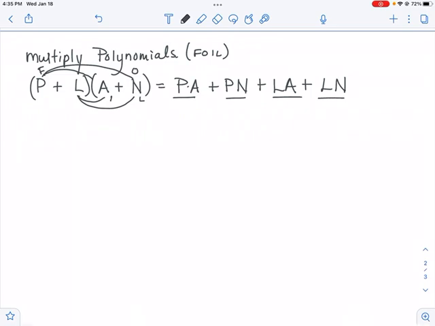There are no like terms, so we're not going to simplify those at all. But you know what I just did? I foiled your plan. I foiled the plan, or whatever.